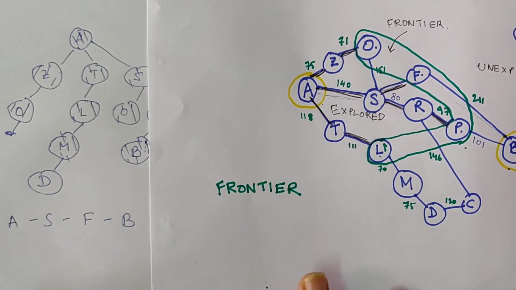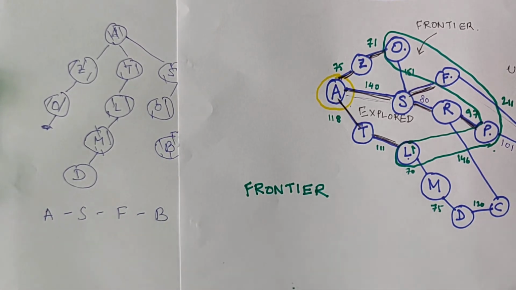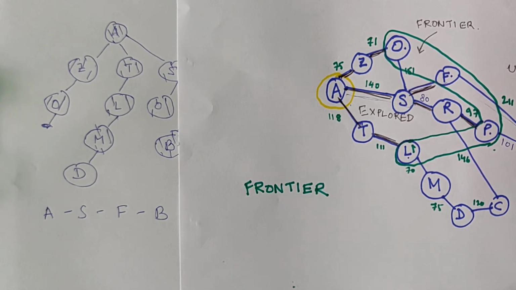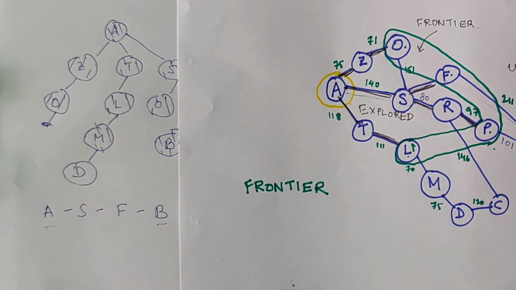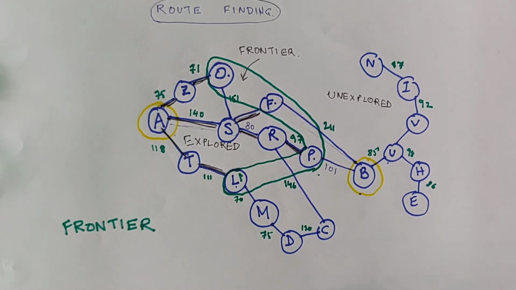Here we have done the breadth first search and we got the solution ASFB, which is optimal or minimal in the number of steps from A, which is the start, to the goal B. But as you can see, in real life, our maps or other tasks also come with some step costs associated with them.